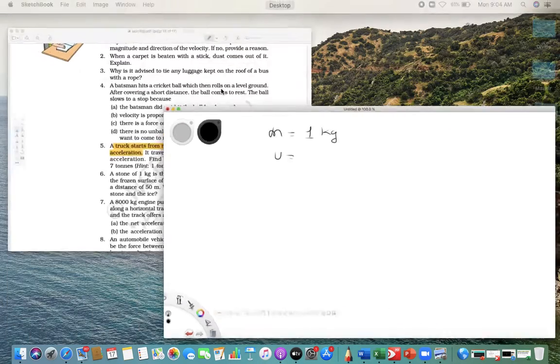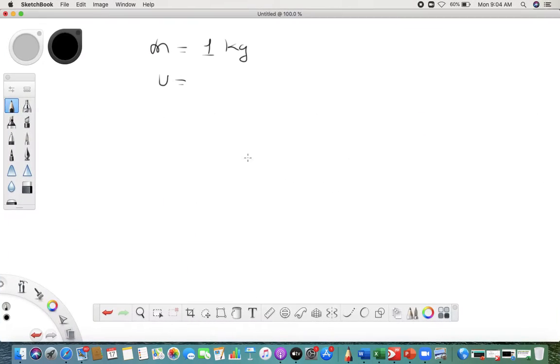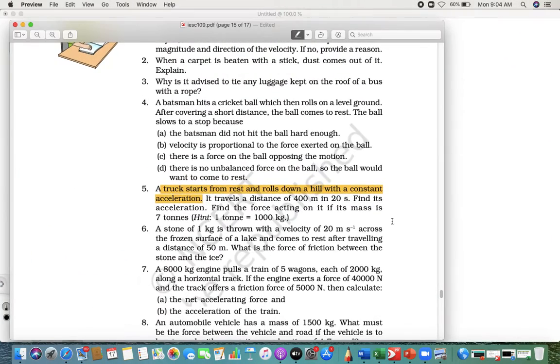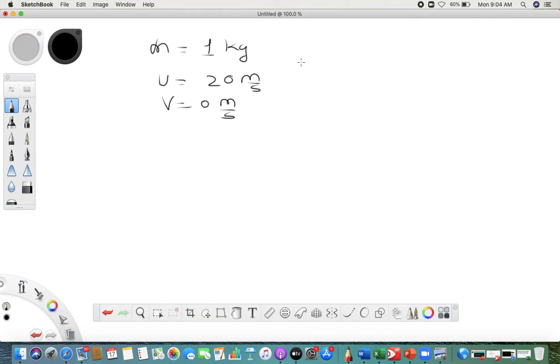Initial velocity is 20 meter per second. Final velocity is 0 meter per second. Then they have given us a distance of 50 meter, and they ask for the frictional force.